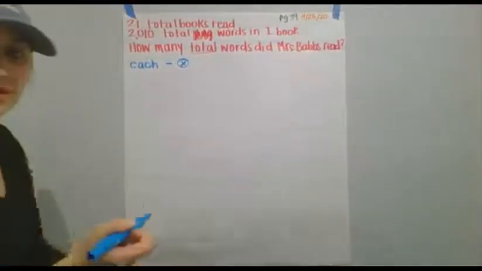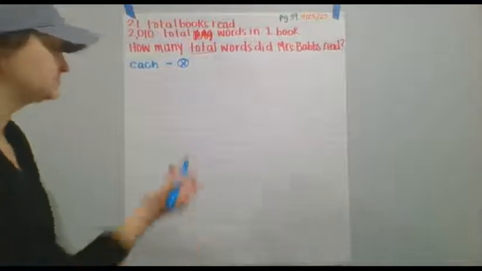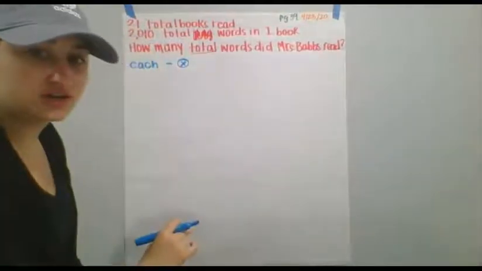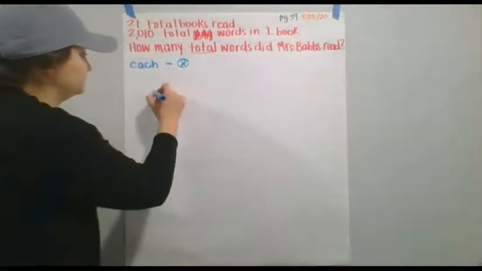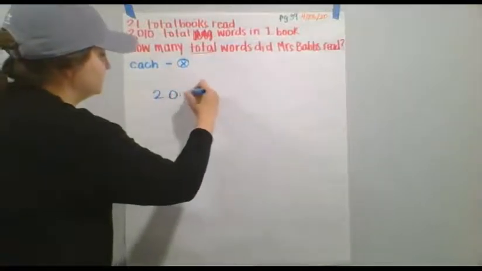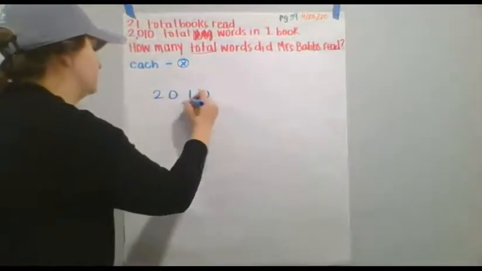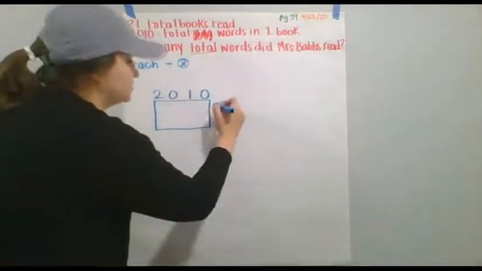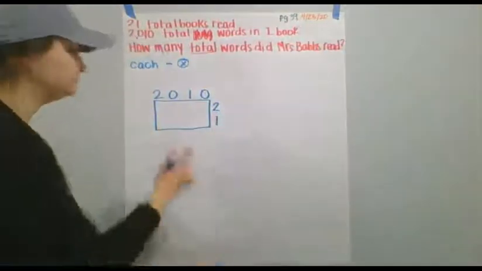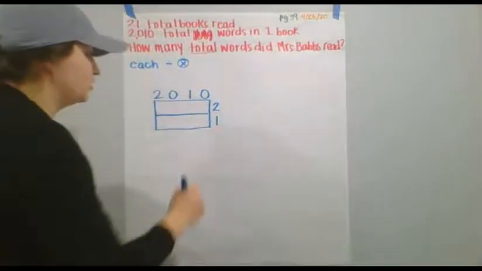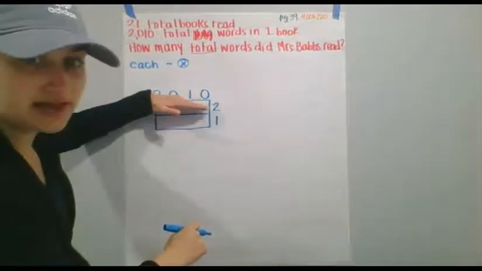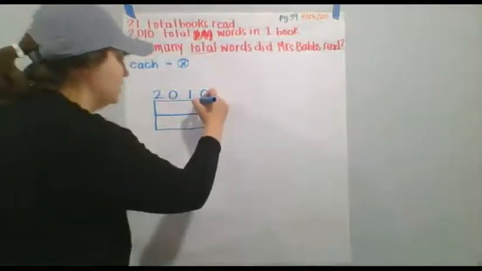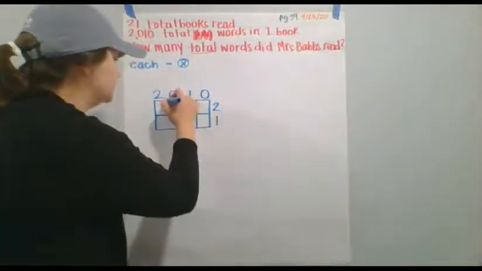So I'm going to start with lattice. I'm going to start with my larger quantity on top, and then my smaller quantity, which is 21, along the side. Remember, each digit along the side gets its own row, and each number along the top gets its own column.